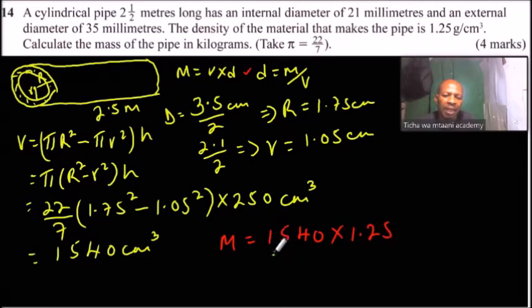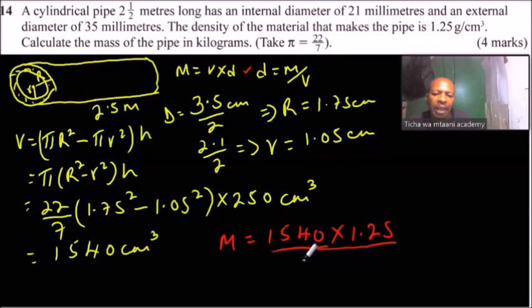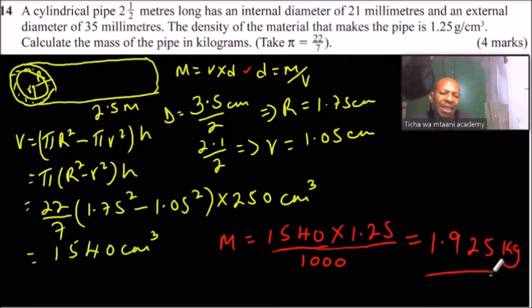That is what will give you mass in grams. You divide by 1000 to convert that grams into kilograms, and now you use your calculator. You get the mass is 1.925 kilograms. So that is how you work out that question, and you get yourself 4 marks.